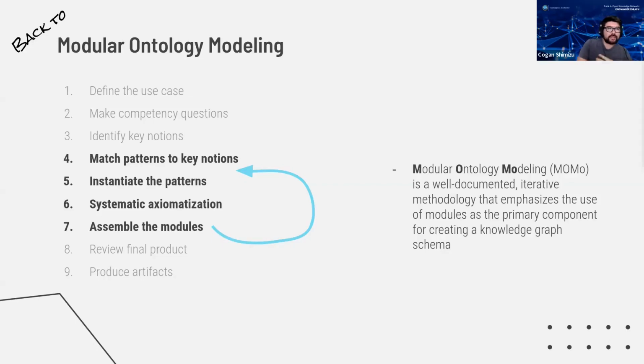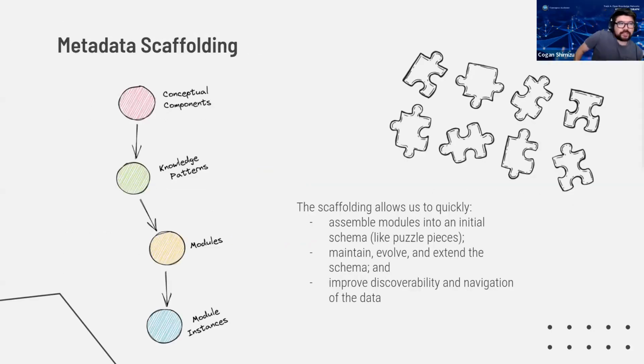The next step is to take all of these modules that we've produced and assemble them together. This is generally pretty easy because it just fits together like puzzle pieces. I call this metadata scaffolding, where you go from these key conceptual components, and then you find the patterns that match to them.